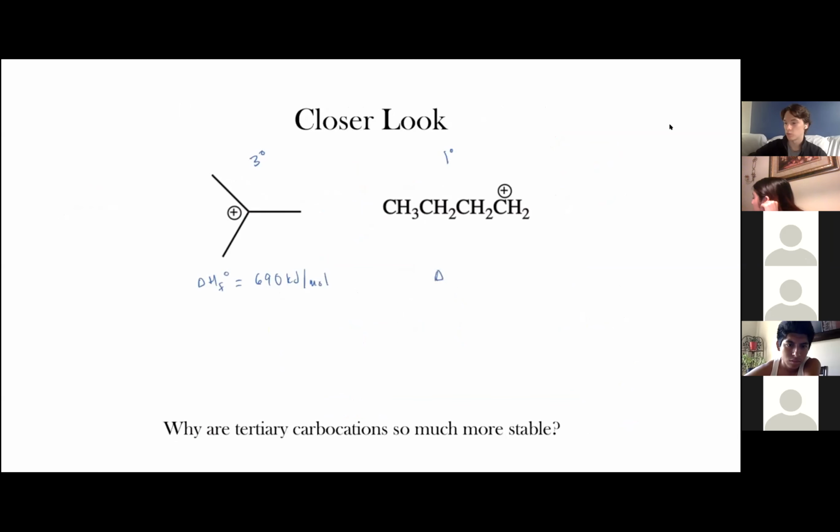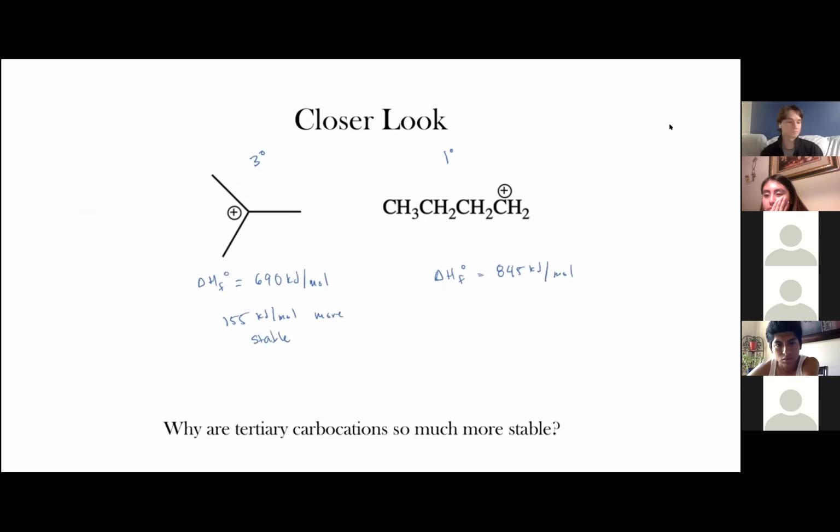And for the one on the right, we have 845 kilojoules per mole. And so based on this, we see that the one on the left is 155 kilojoules per mole more stable than the one on the right.